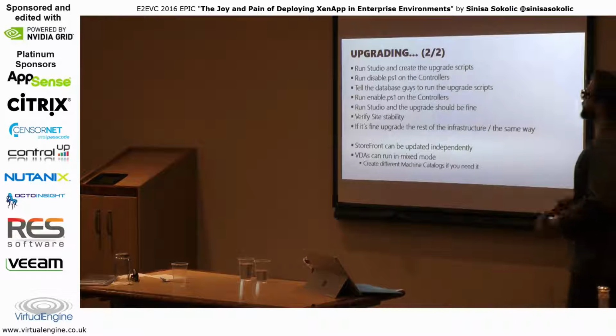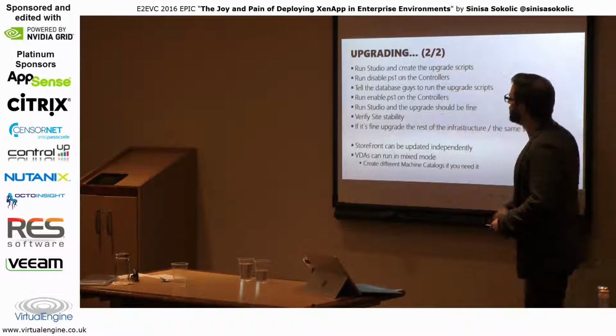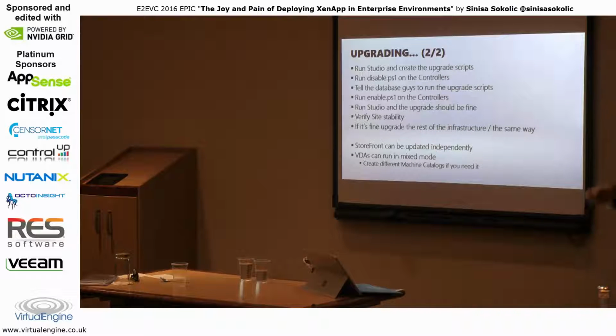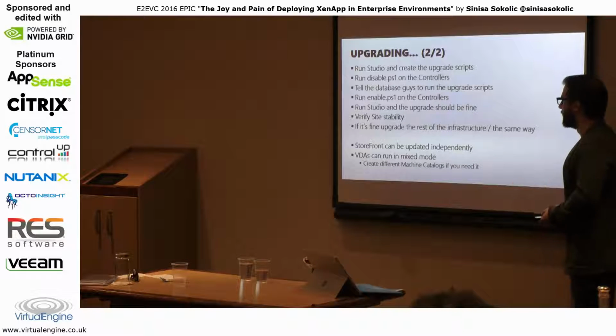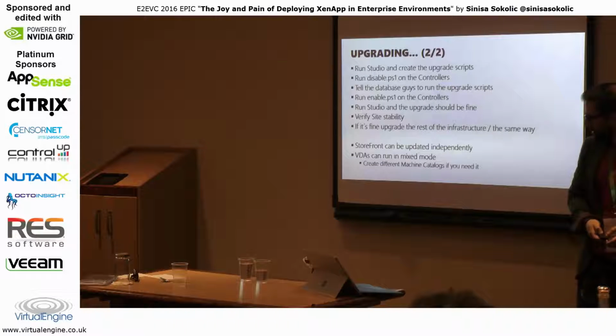Then you can create upgrade scripts in the studio, run the disable PS1 on the controllers, the database guys run the database scripts, you enable the controllers again, and look if everything is fine. So that's the point where, if something goes wrong, you can go back, or if everything's fine, then you should upgrade the rest of the infrastructure.